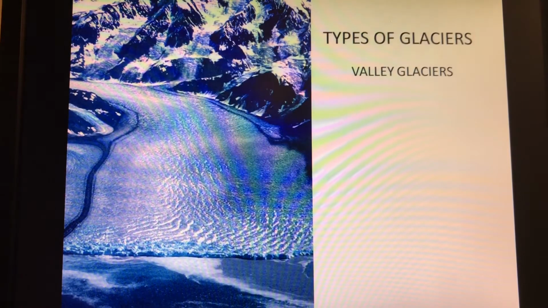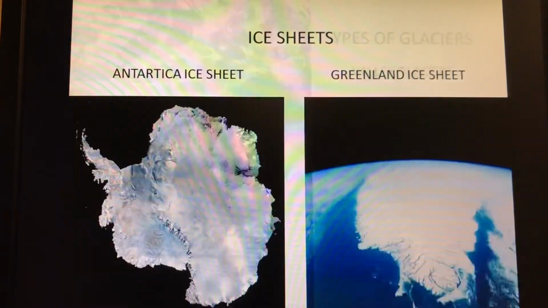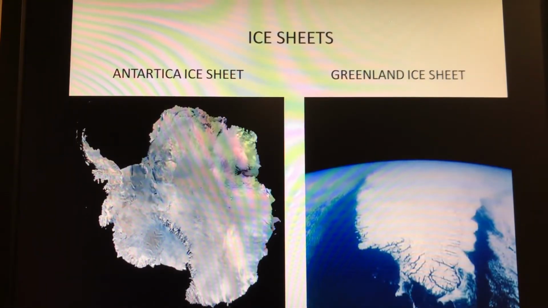Glaciers can be classified in two general groups: valley glaciers and ice sheets. A valley glacier is a stream of ice that flows between steep rock walls from a place near the top of the mountain valley. Ice sheets are enormous ice masses that flow in all directions from one or more centers, much larger than valley glaciers.